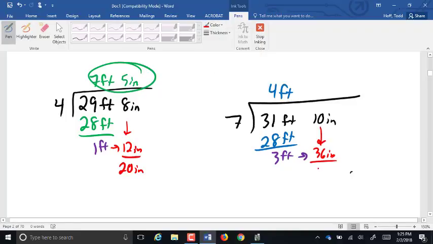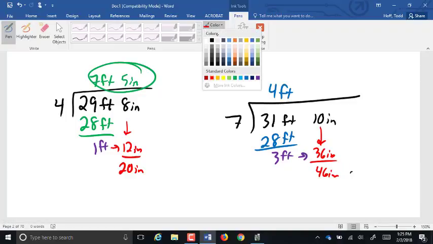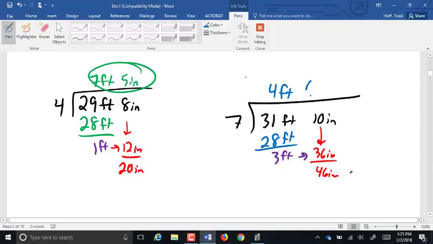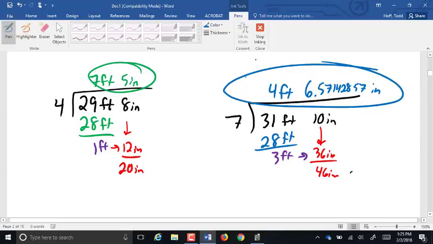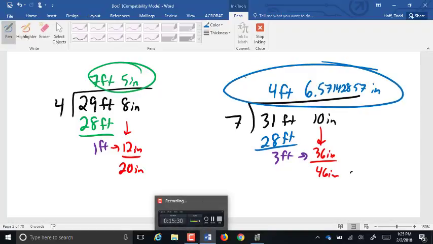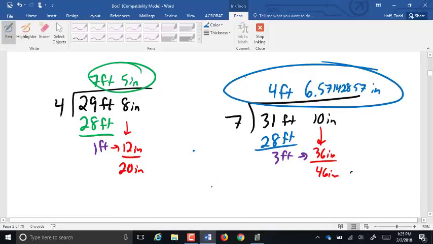Bring down the 10 inches to get 46 inches. 46 divided by 7, 6.57142857, approximately, right? So we've got 4 feet. We have the 6.5714.